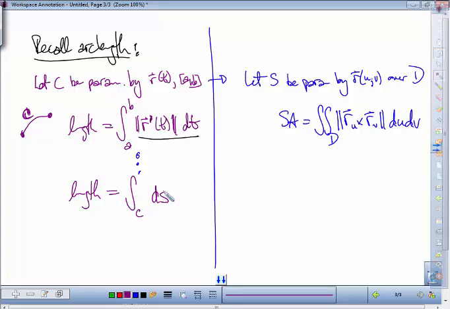I think they call it S, maybe R, I don't know what they call it in the book. Do you understand that this notation here is the same thing as this notation here? So that's what we did. We're integrating over the length of this curve, and if we have nothing here, then all we have is just the magnitude of r prime, which is the arc length.